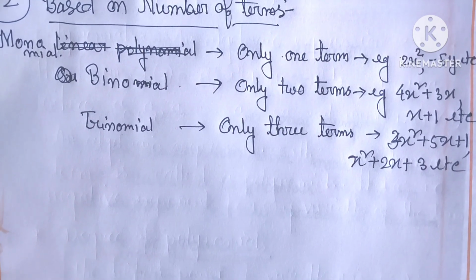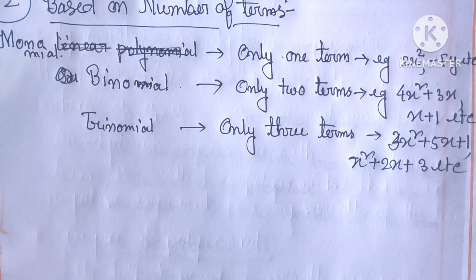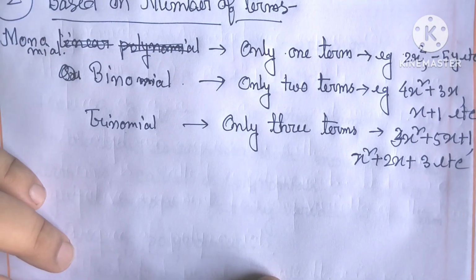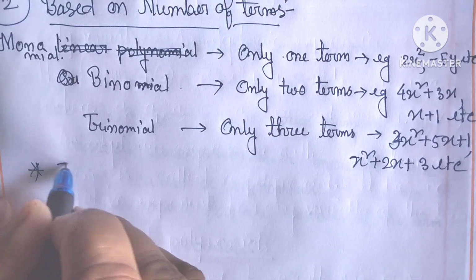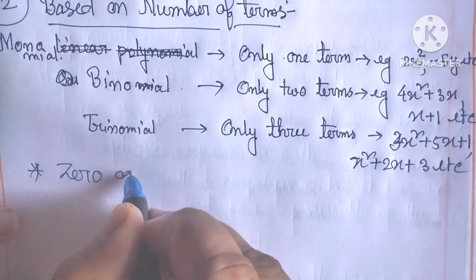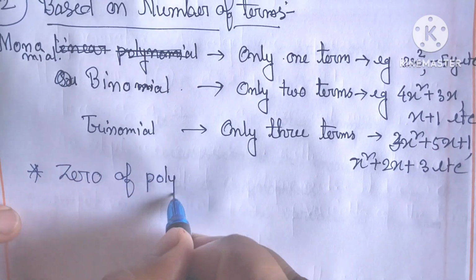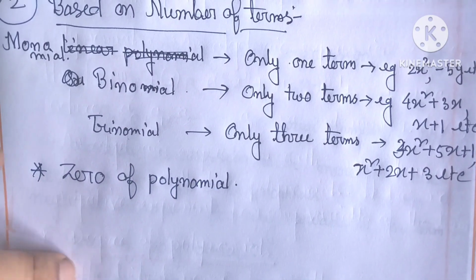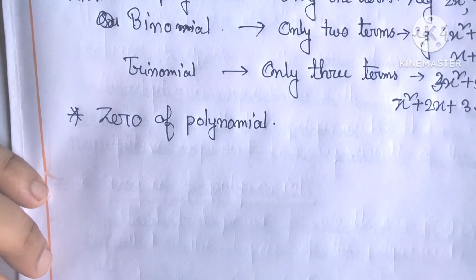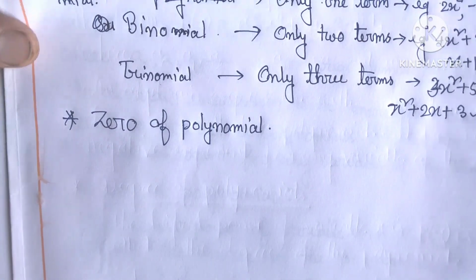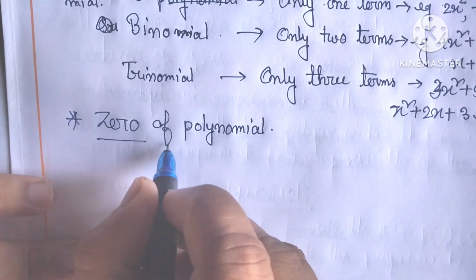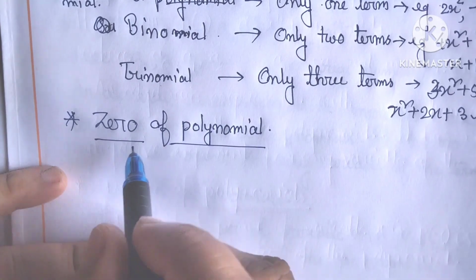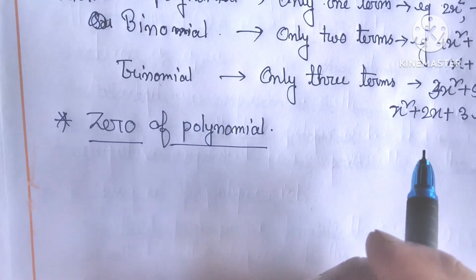Again, zero of polynomial. Zero means the value of the variable that gives the polynomial the value 0.